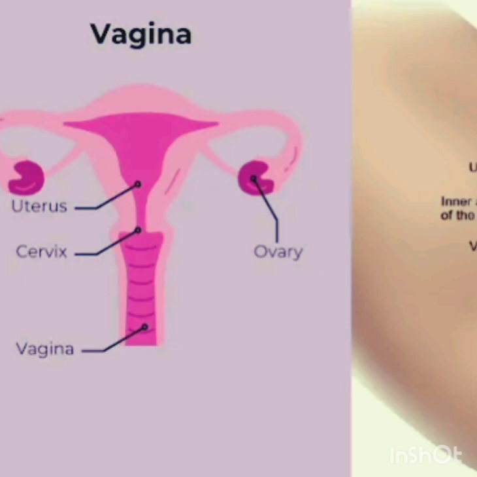So what is the vulva? The vulva is all the external genitalia parts of the female reproductive system.